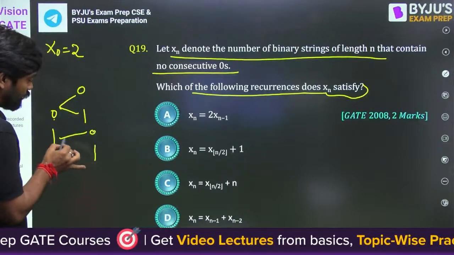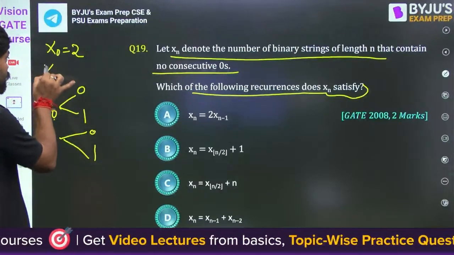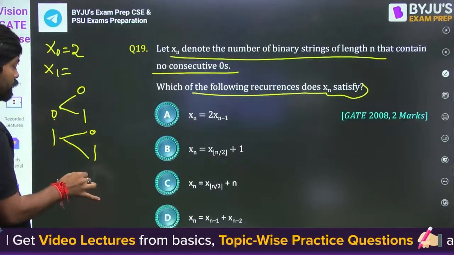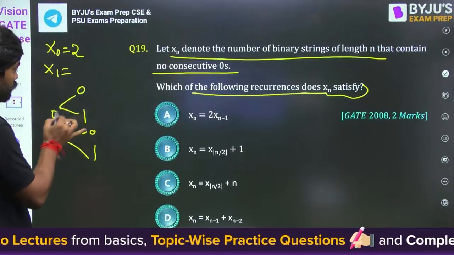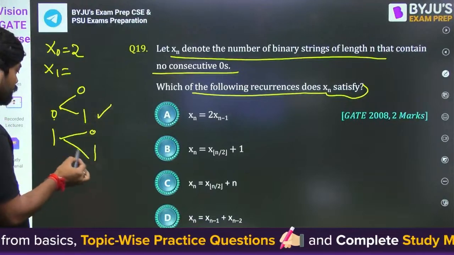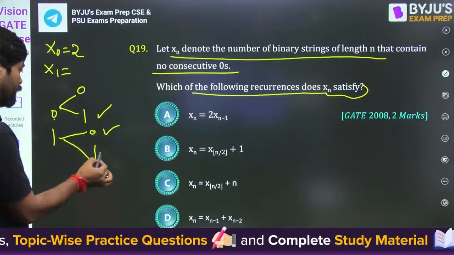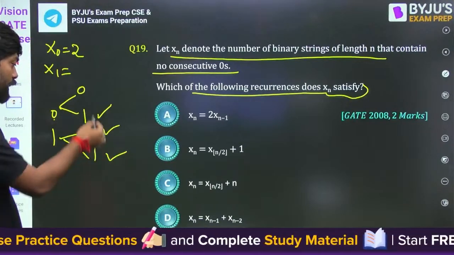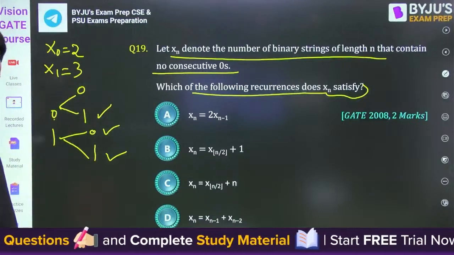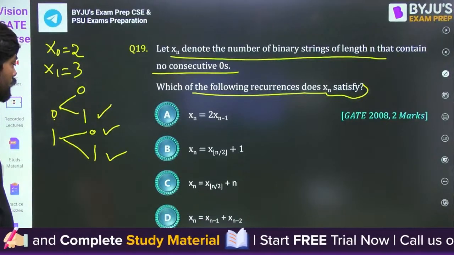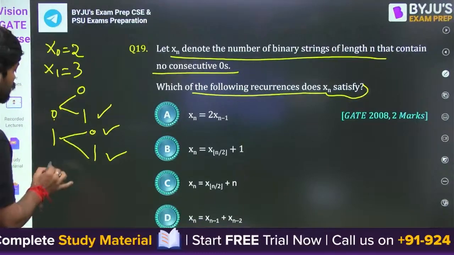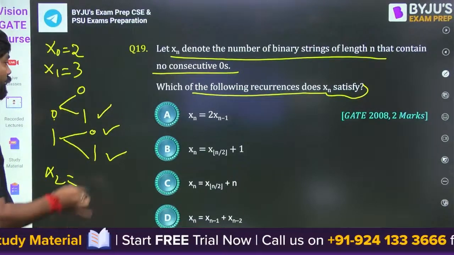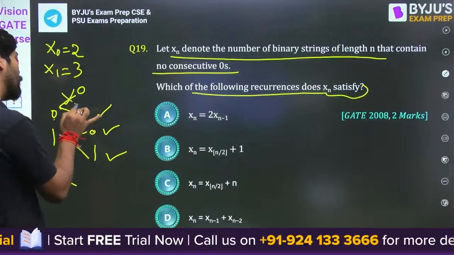For x1, see here: 0 1 is not a consecutive 0, 1 0 is not a consecutive 0, and 1 1 is not a consecutive 0. So x1 is nothing but 3. Now if we talk about x2, this one will not be considered.